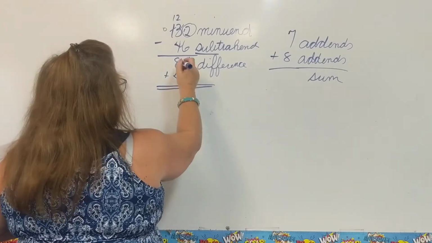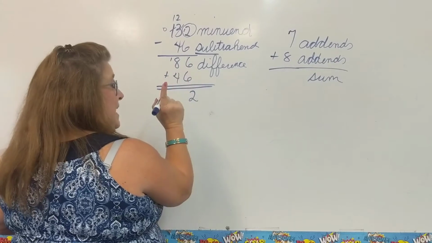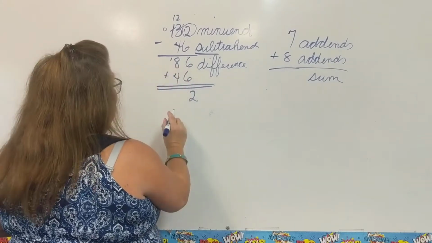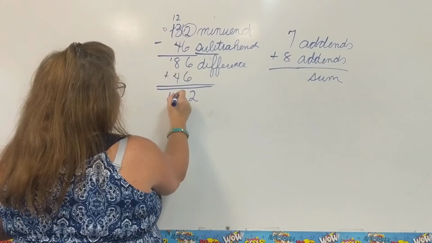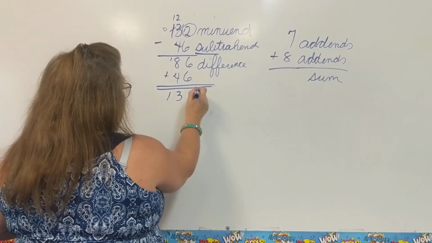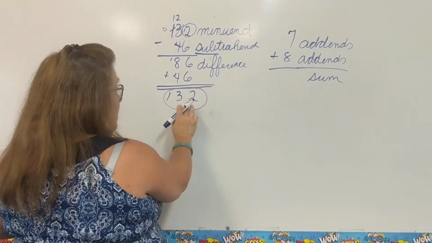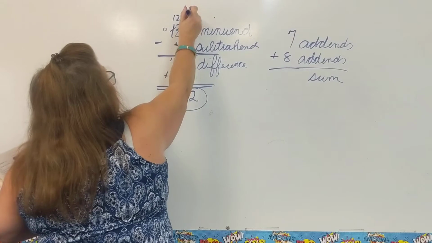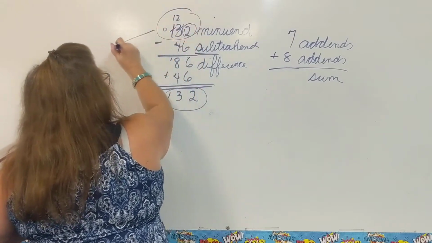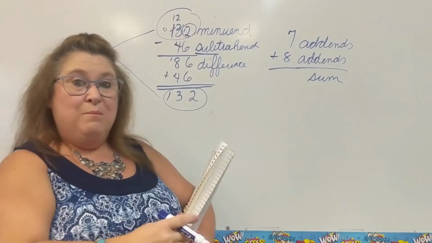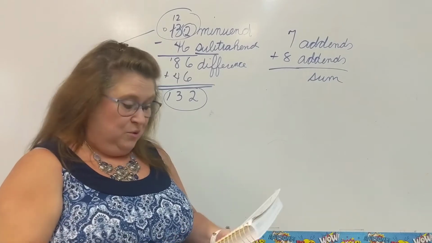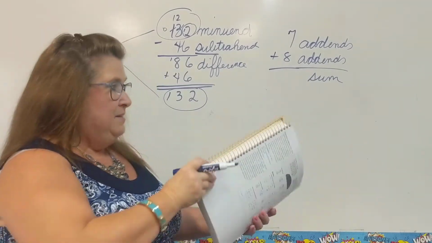We put 2 down and carry the 1. 8 plus 1 is 9, plus 4 is 13. If our sum is the same as our minuend up here, then we have completed our subtraction problem correctly. Okay, does that make sense?